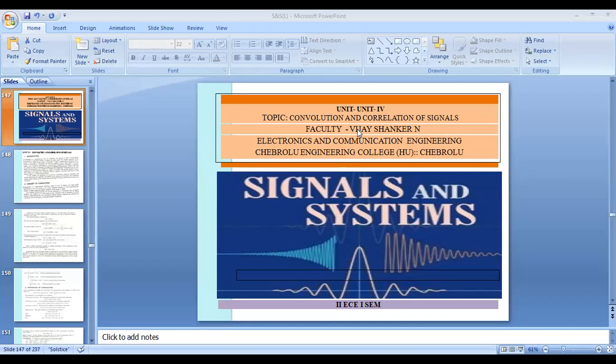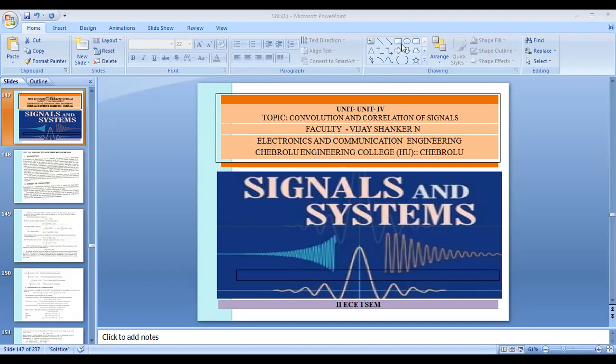So today we are going to discuss the convolution and correlation of signals. This is the fourth unit in the Signals and Systems subject. For EEE students, it is the fourth unit of the second part, and for the EC students, it is the fourth unit of the first part.